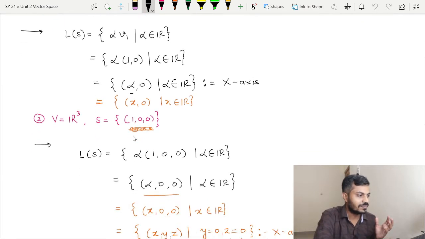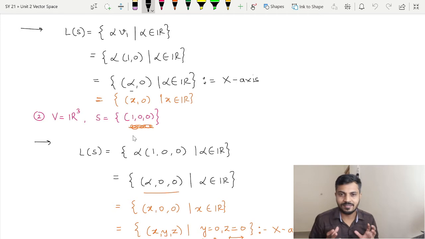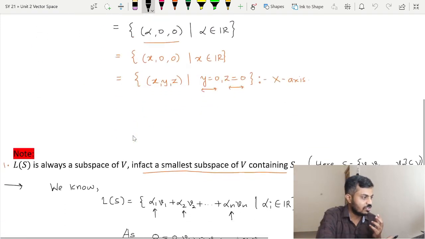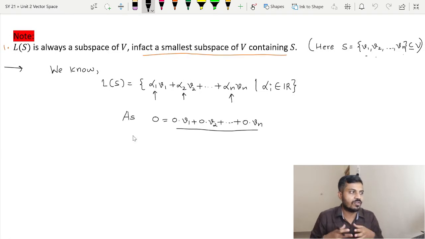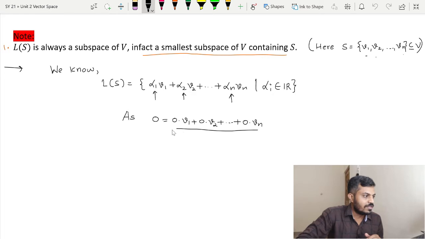In both the examples we get L of S to be the x-axis and both are subspaces. There is a reason behind it, because in general L of S is always a subspace of V. So as we can do this, therefore 0 belongs to L of S and therefore L of S is non-empty.